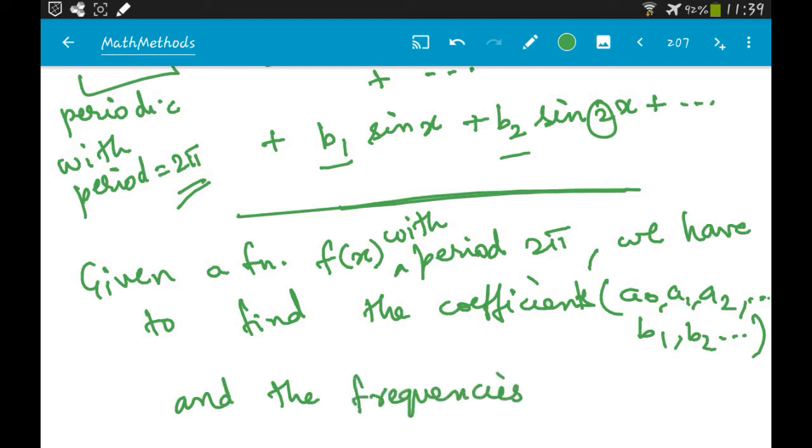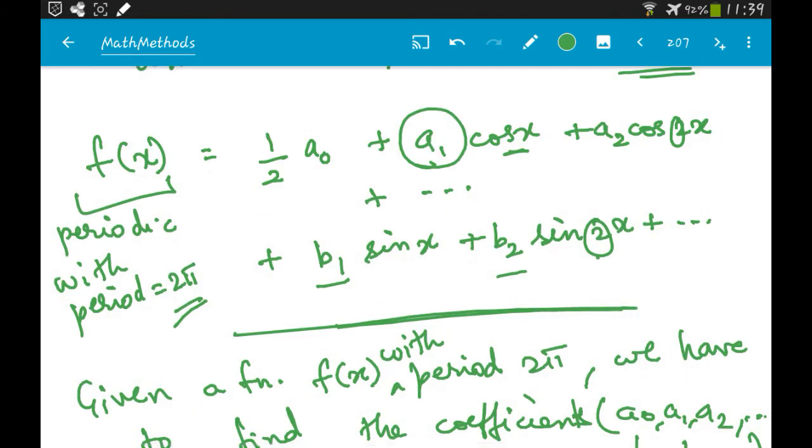In fact we don't even have to find the frequencies. We already know they will be of the form 2x, 3x, 4x. All we have to do is find a0, a1, a2, etc. So let's see how we can do that. Keep in mind that any periodic function can be represented in this manner, and all we have to do is find the coefficients a0, a1, b1, b2, etc.